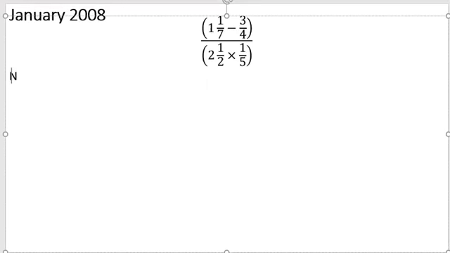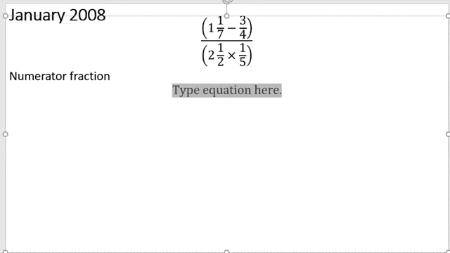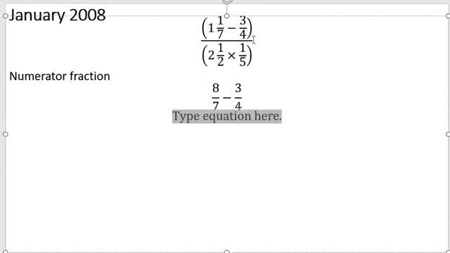So let me just say numerator fraction. So what we'll have is 7 over 1, plus 1, 8 over 7 minus 3 over 4. And for this, we'll just go ahead and find our LCM, which is 28.